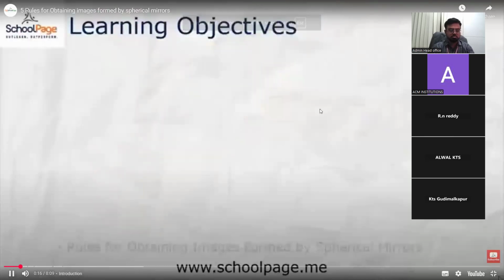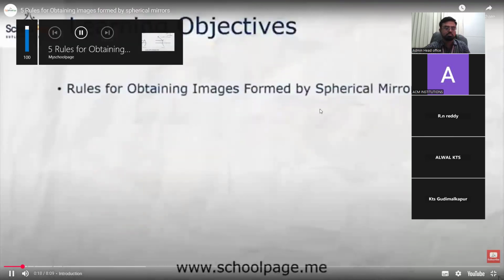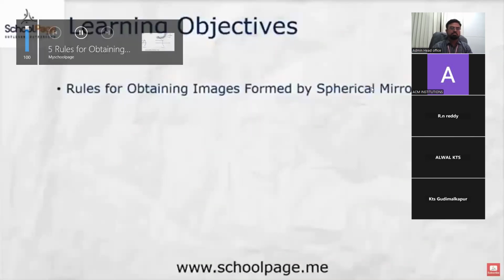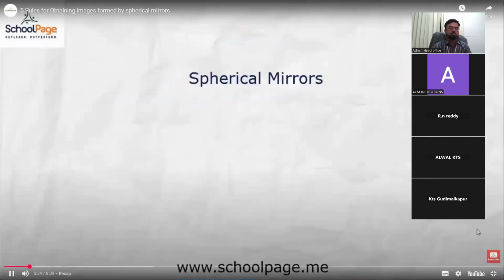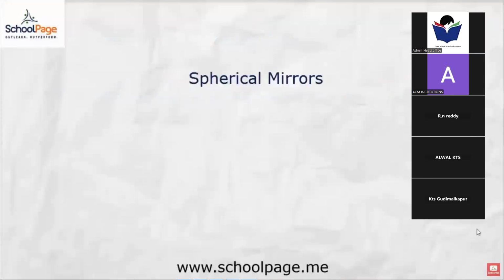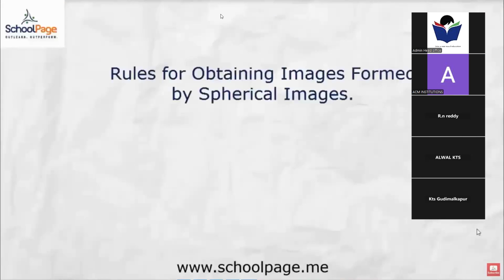After watching this video, you will be able to understand what are the rules for obtaining images formed by spherical mirrors. In our previous video, we have understood what are spherical mirrors and types of spherical mirrors. In this video, let us understand what are the certain rules for obtaining images formed by spherical mirrors.